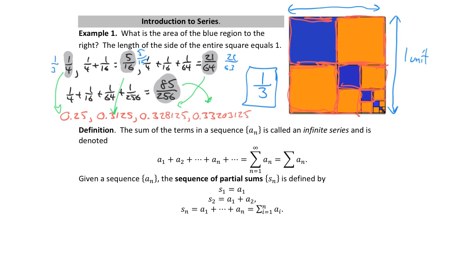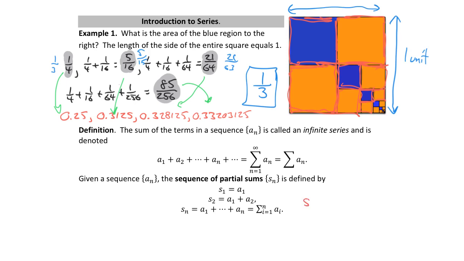Now here's something that we practiced just a minute ago. Given a sequence, the sequence of partial sums is defined by taking the sum of the first certain number of terms. So a sub 1 is just going to be s1. a1 plus a2 is s sub 2. We're going to call that new sequence s sub n, which is the sum of the first n terms.